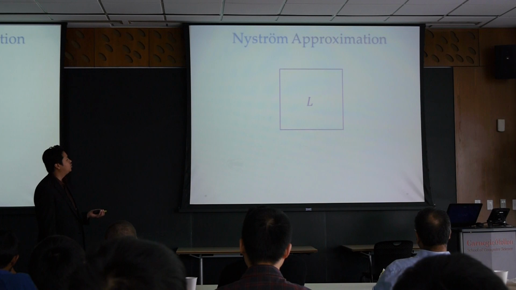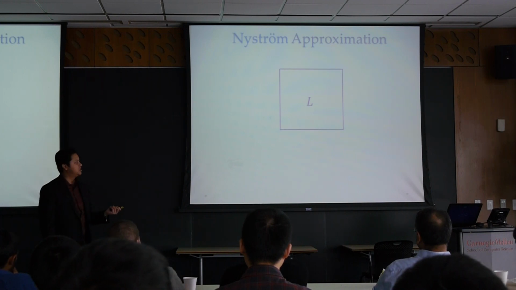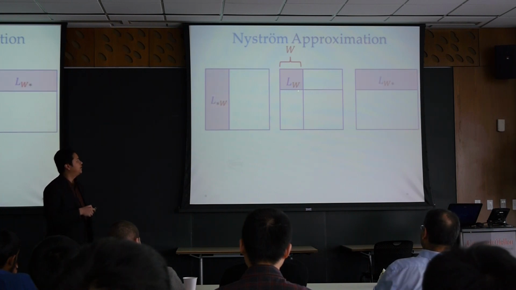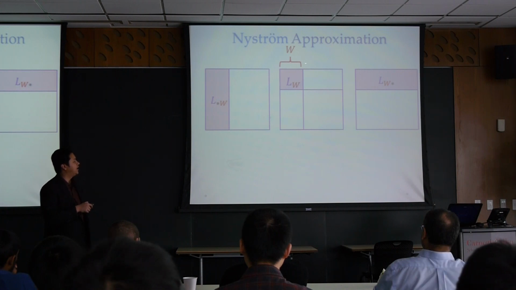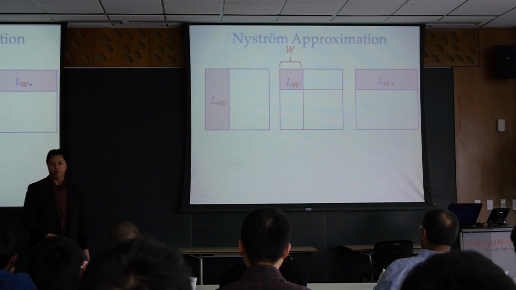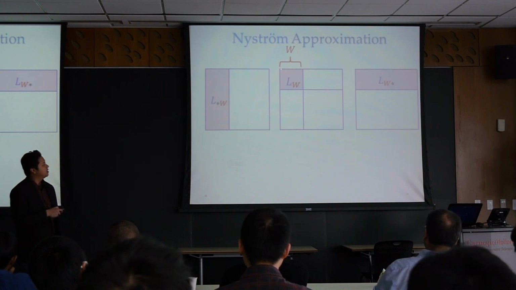So let me go into a more formal definition of what a Nystrom approximation is. I start with matrix L, and then I rearrange it so that my landmarks are the first D components of the matrix.